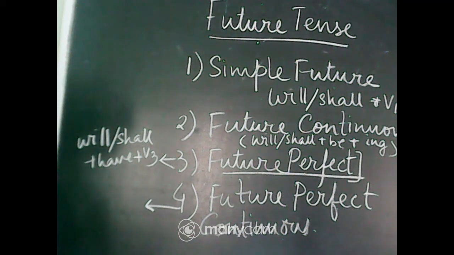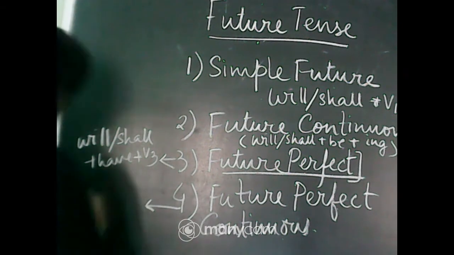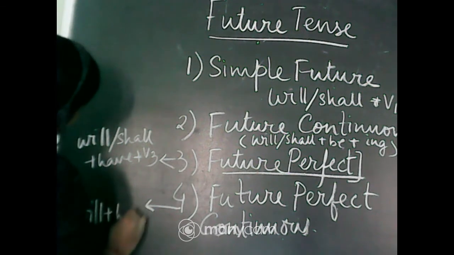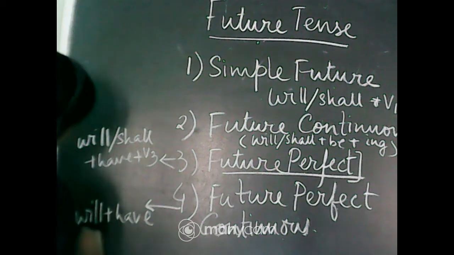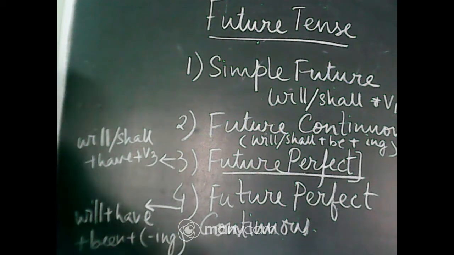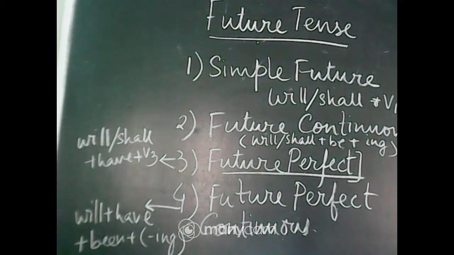Is it included? Yeah, it is included. So future perfect continuous is will plus have plus been plus ing verb. Okay. So these four forms of the future tense will be doing in this chapter.